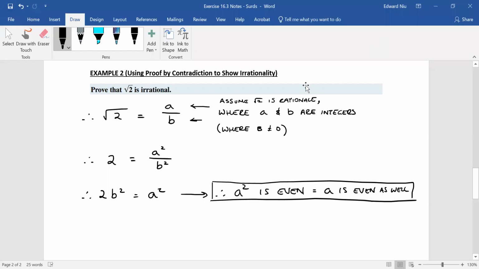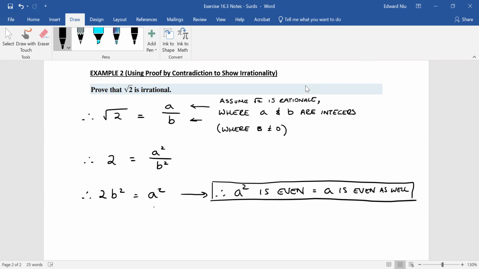So using this logic, if 2 times b squared equals a squared, and we know that 2 times any number, regardless of it being positive or negative, assuming that it's an integer, is an even number, we can assume that a is even as well, because once a is squared, it's going to equal an even number on the left.